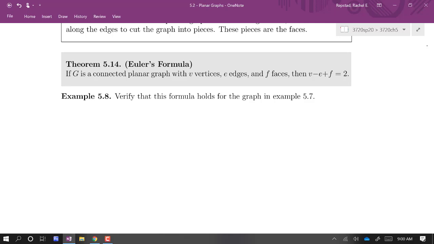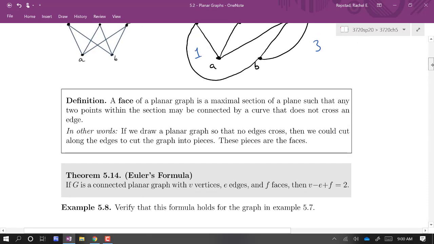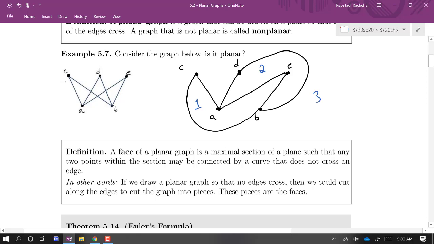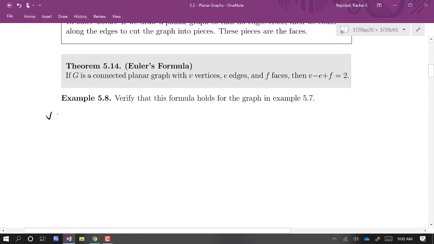So in the graph above, there were 5 vertices, 6 edges, and 3 faces. So V minus E plus F is 5 minus 6 plus 3, or negative 1 plus 3, or 2.